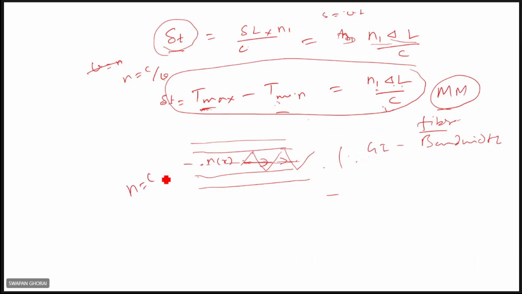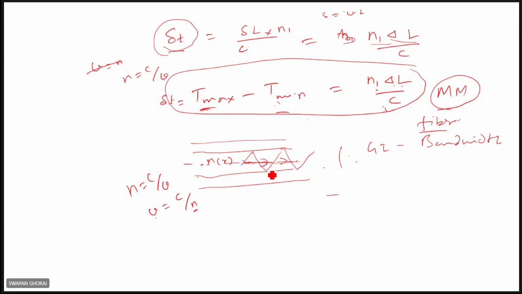Because n equals c by v, I told you, so v equals c by n. When the refractive index is maximum, the velocity will be minimum. For the axial ray, the distance is less, but at the same time the refractive index is more. We have seen this in the graded index profile: the refractive index at the axis is more, so the velocity will be less.